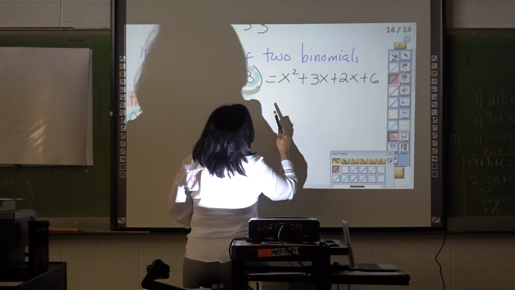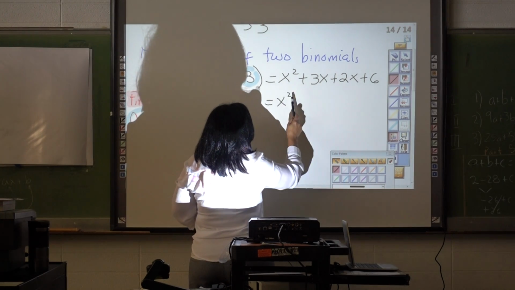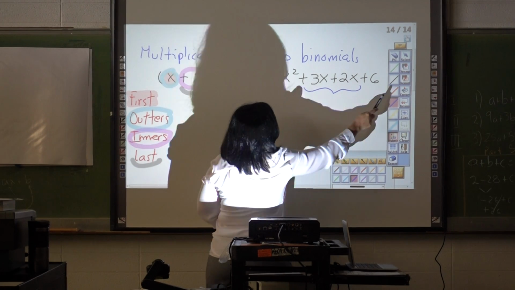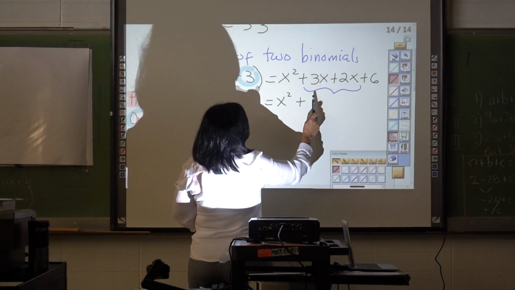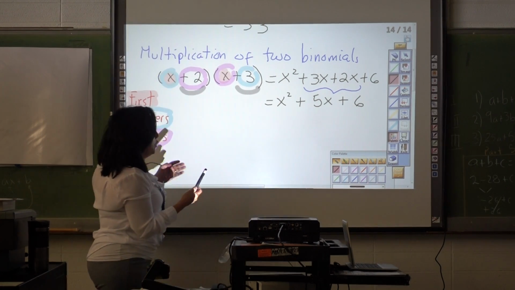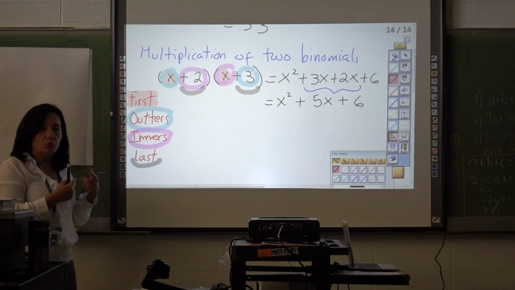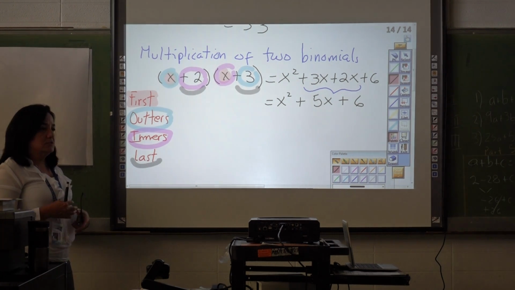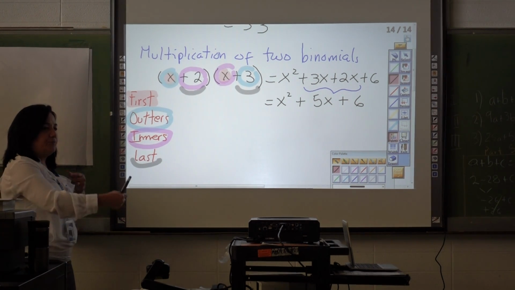And then we combine like terms: we have x squared, and then these two combined will be 5x, and then plus 6. This is the process of FOIL. We're multiplying binomials. Okay, now I want to go in the reverse process.